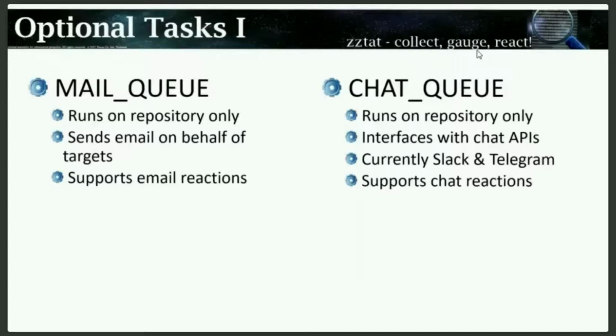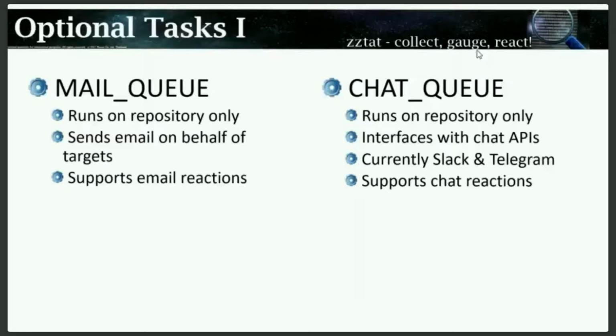If your target database has not been configured to send out emails with zztat, the framework will detect that automatically. And whenever the target fires a reaction that wants to send an email, it will automatically redirect that request to the repository, where it's going to end up in the mail queue and it's going to be processed by the mail queue jobs. And the repository will then send the emails on behalf of the targets.